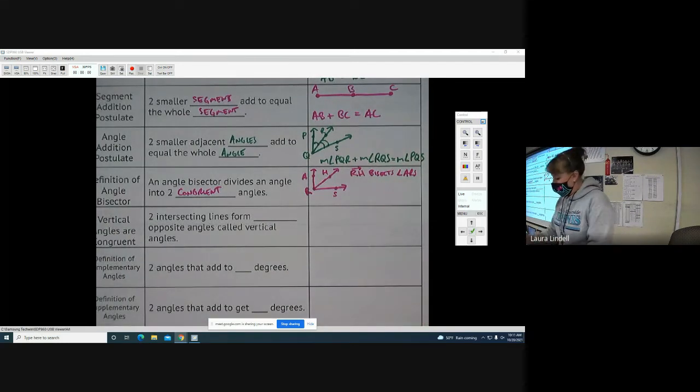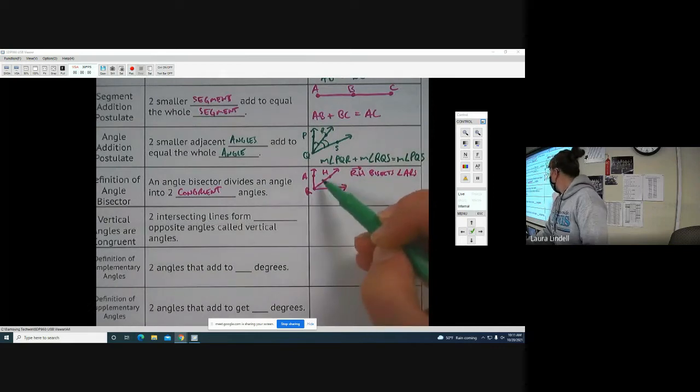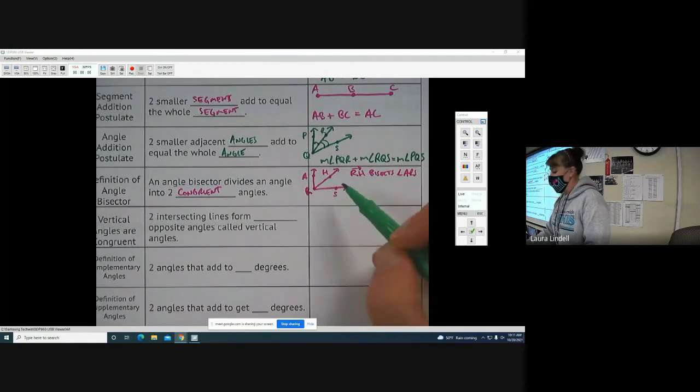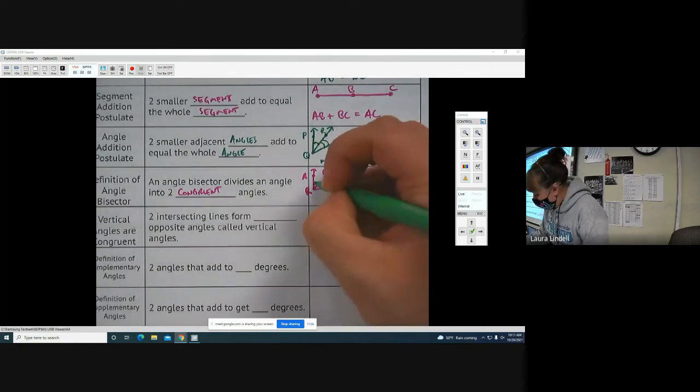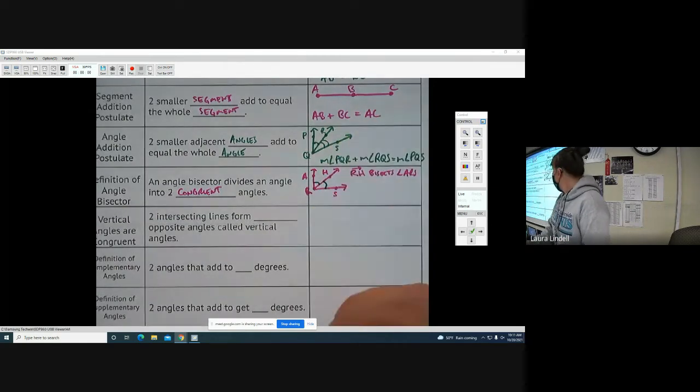What that tells me is that RH is cutting this angle in half into two equal pieces. So then I know that this piece is equal to this one in size.